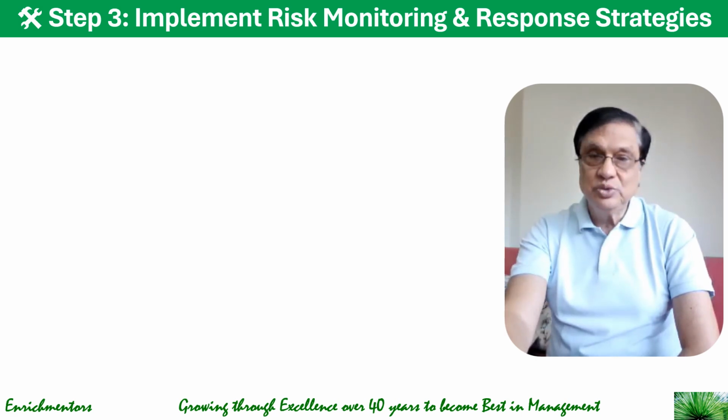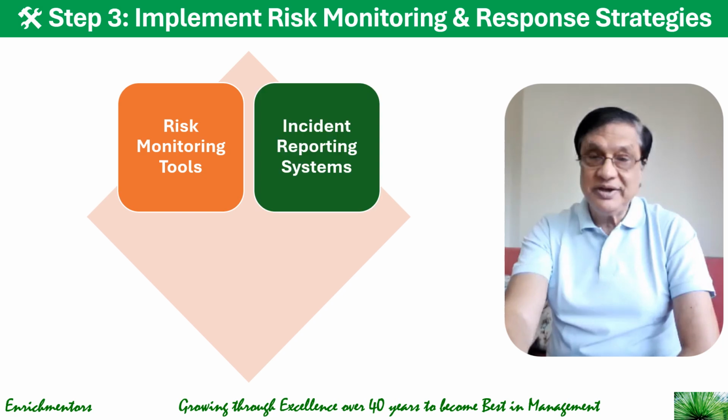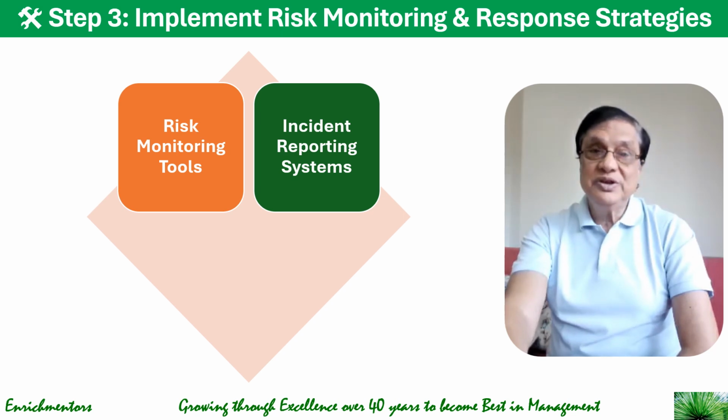And there you can do four things. First is to use software like RiskWatch, Metric Stream, and Logic Gate to track risks in real time. Second would be to have an incident reporting system set up where you can encourage employees to report the internal risk before they escalate. The key thing is to report the internal risk before they escalate.